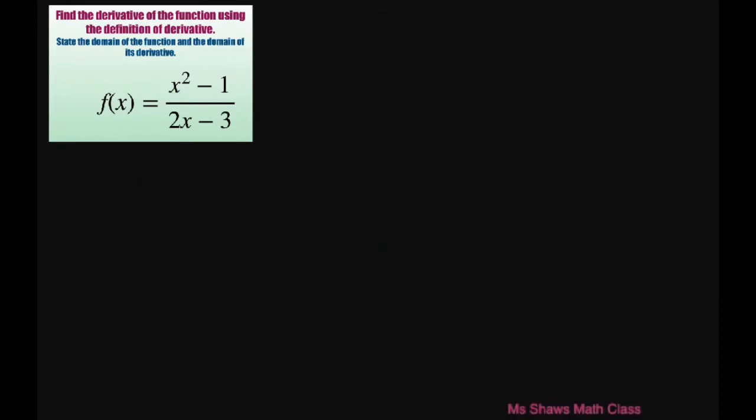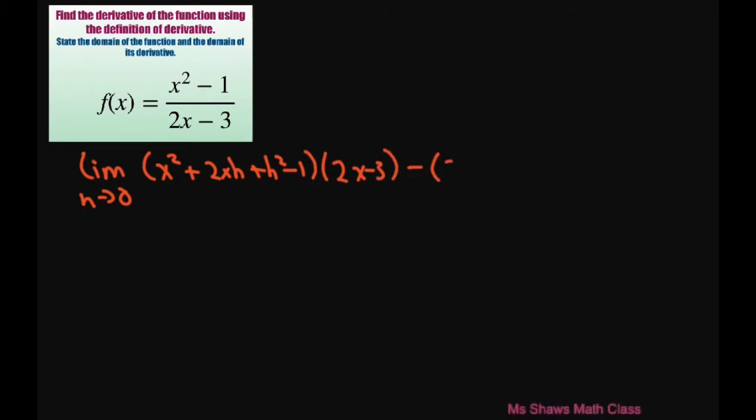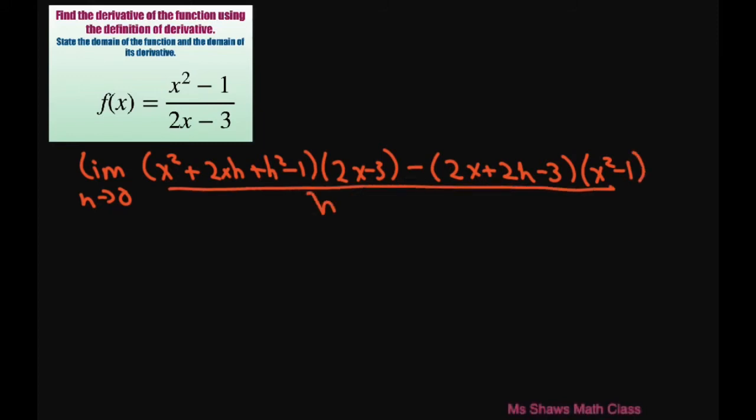So we're going to have the limit as h approaches 0 of x squared plus 2xh plus h squared minus 1 times 2x minus 3, minus 2x plus 2h minus 3 times x squared minus 1. And this is all over h times that denominator, so I don't have to keep copying that down. I'll input that later. All right, so we're going to fix all of this.